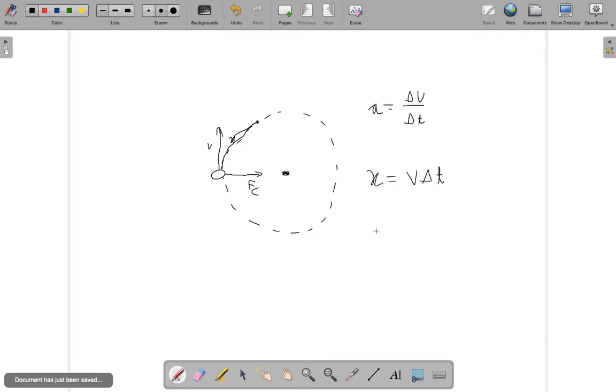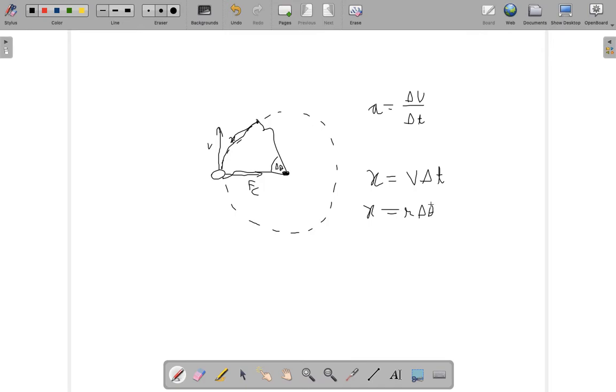So we have a change in angle also as it moves from here to here, I'll just say it's delta theta, the change in angle. And this length, because we're giving it in radians, the arc length can also be written as the radius times the change in angle.